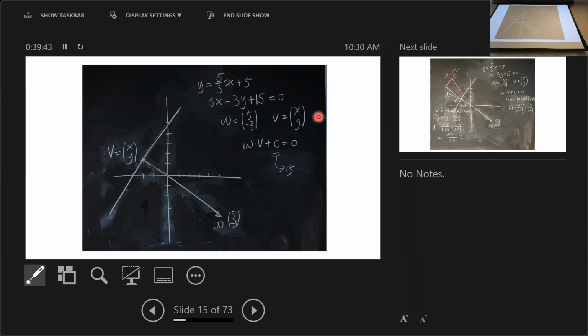This point we call B. Okay. So V, I just gave it x, y. So now I'm going to compute the dot product between these two. If you place 5 and minus 3, x, y here together, you will get this.